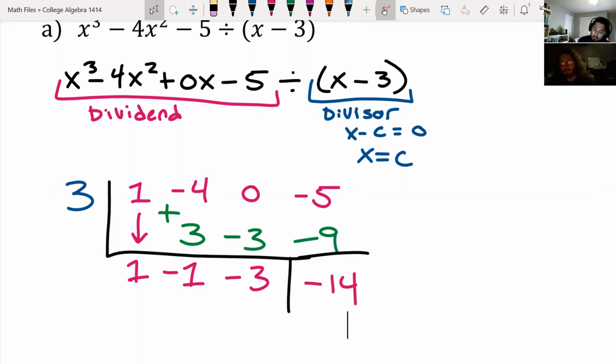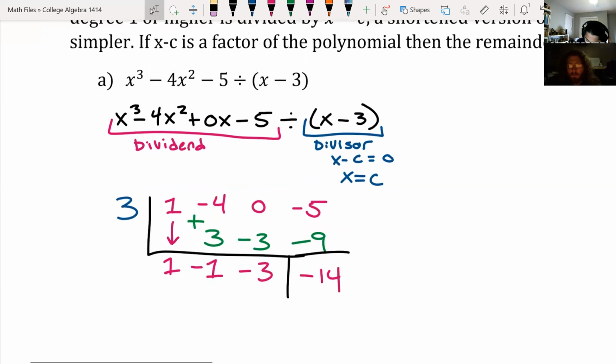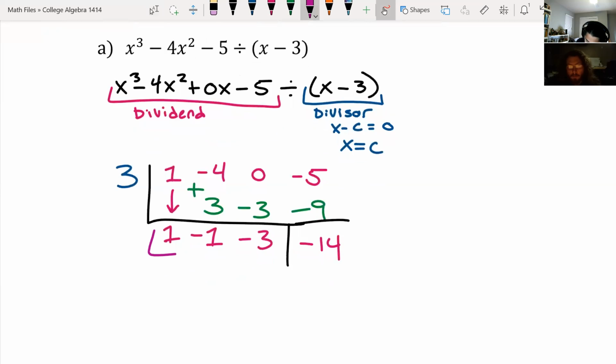Okay. So now we have to rewrite the quotient back into a polynomial form. So this part that we end up with is called the quotient. And of course, whatever's left over is still called the remainder.